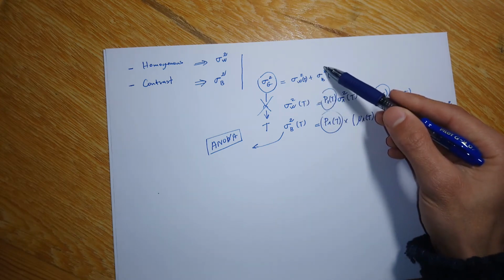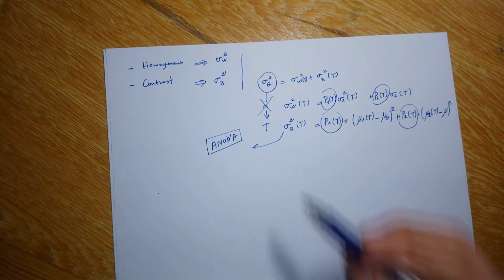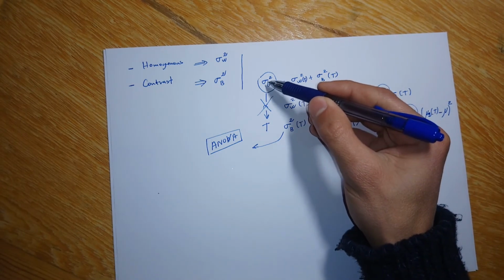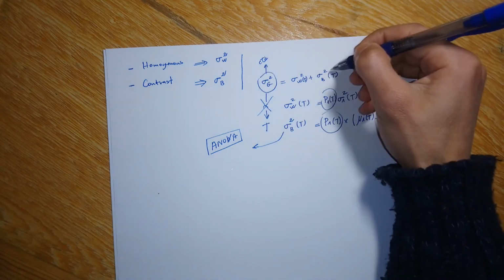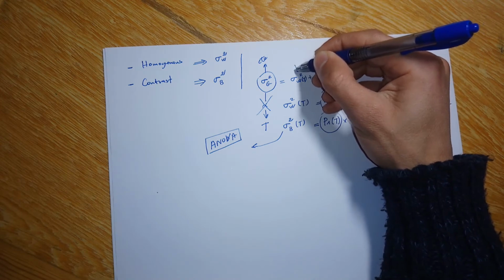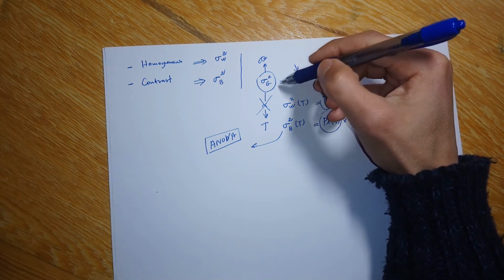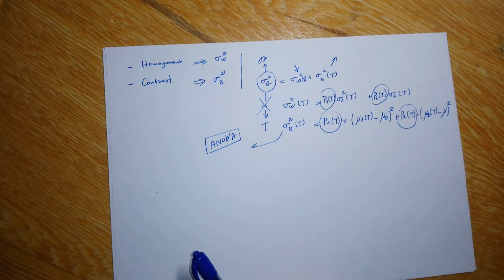And why a compensation takes place is because this term here is constant. Remember, this term is constant. So if this increases, this has to decrease for this fact to be valid. This is the reason why.